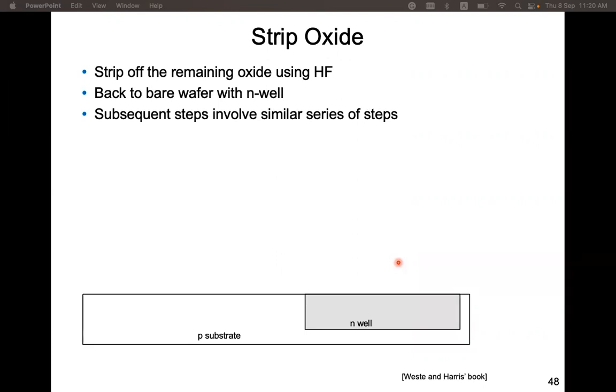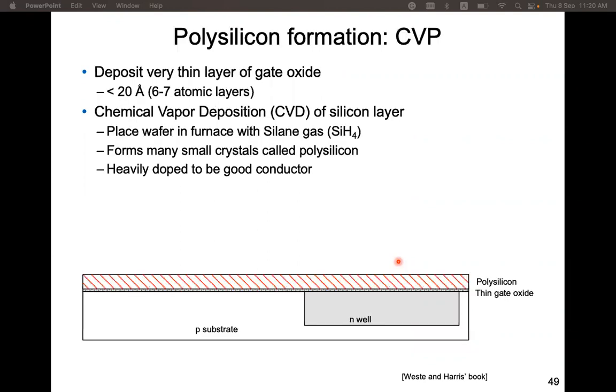Okay, so now we learn how the first layer, the lowest layer, the N-well region, is formed. Let's go through the process for the other regions. Next one is for the gate, a polysilicon gate.